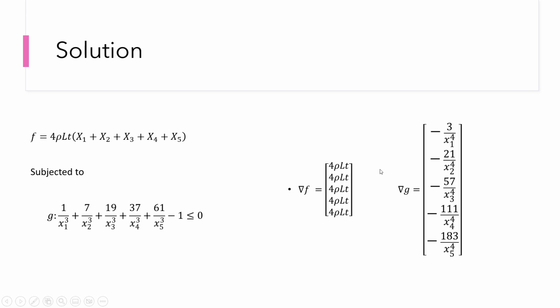And the gradient of g is the derivative in the same order of x1, x2, x3, x4, and x5. As you can see, the derivative with respect to x1 is on the upper part, and on the lower part is the derivative with respect to x5.